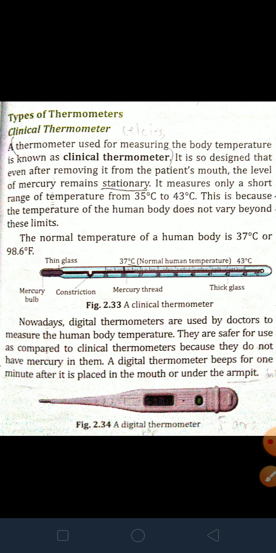A digital thermometer beeps after it is placed in the mouth or under the armpit, and then we can know how much temperature we have. So children, a digital thermometer is more accurate than a clinical thermometer. As we are not using any mercury-type liquid, it is easier to carry anywhere.